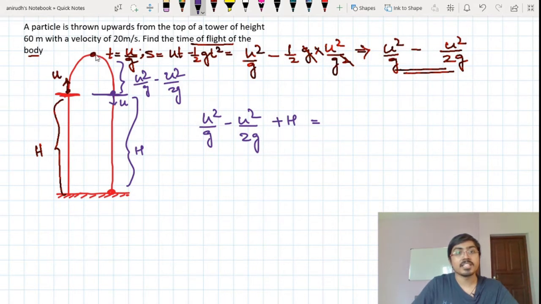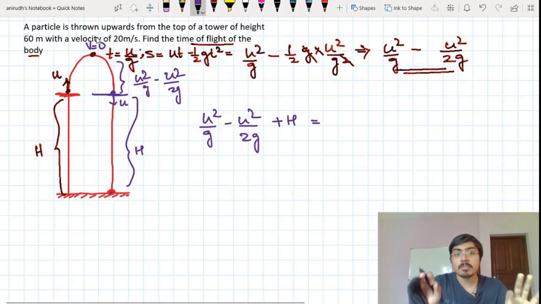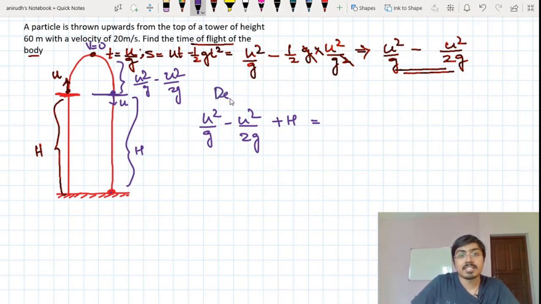Yes, at the topmost point the velocity is equal to 0. So this is my initial velocity when it travels the descent of its motion. My initial velocity is 0 and the final velocity will be something greater than u. When it reaches over here, it will be more than u, because here the velocity is u, and as it comes down it accelerates again, and here the velocity will be much higher. I am just talking about the descent.